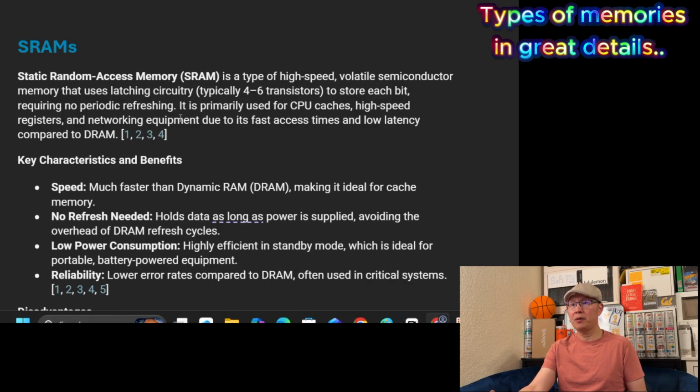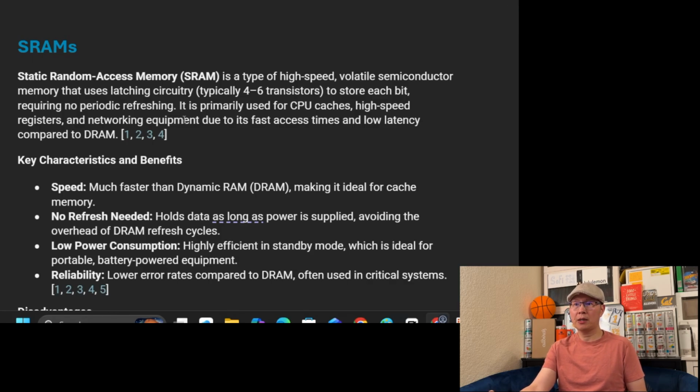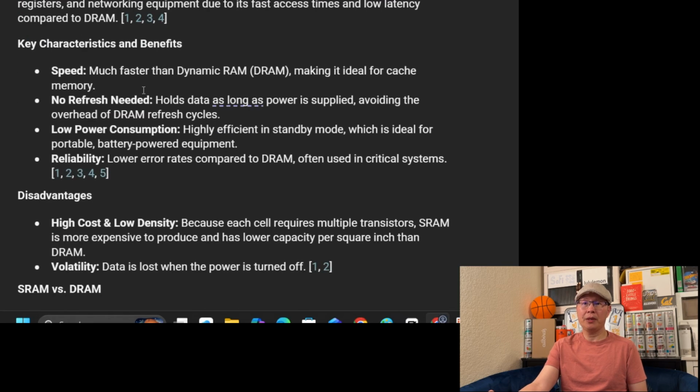It is primarily used for CPU caches, high-speed registers, and networking equipment due to its fast access time and low latency compared to DRAM. Speed: much faster than dynamic RAM, making it ideal for cache memory. No refresh needed: it holds data as long as power is supplied, avoiding the overhead of DRAM refresh cycles.